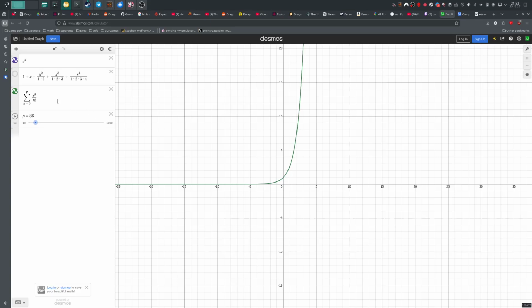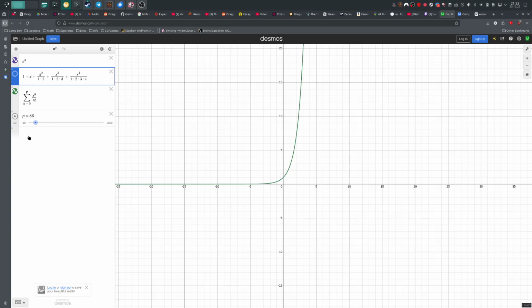Now, what happens if instead of real numbers, because here they are just real numbers, I put complex numbers? So let's go back to our function, our sum here, so we can understand a bit better.